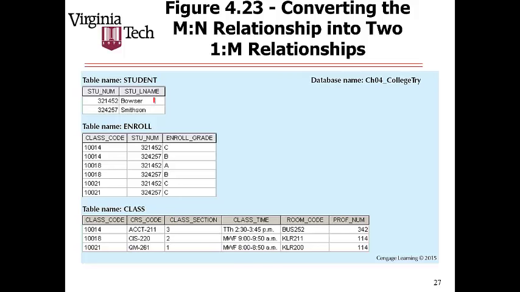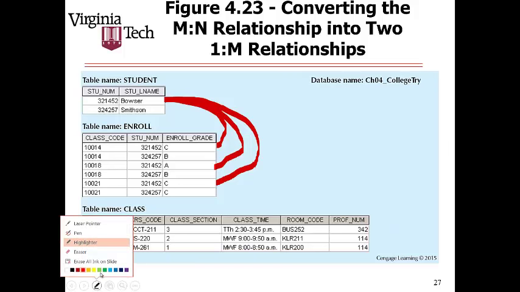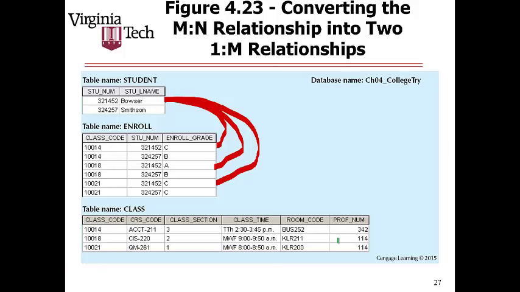And so what we see is that this student has three instances of enroll, meaning that he's enrolled in 3 courses, while this particular entity of course has 2 instances of enroll.